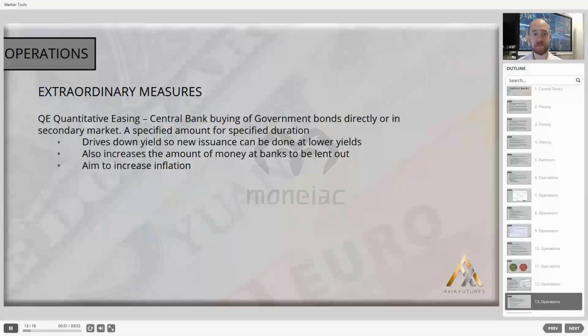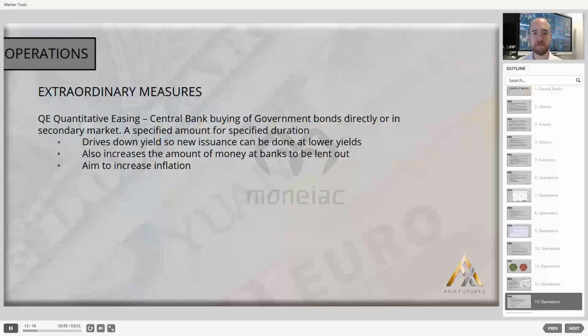And first up comes quantitative easing. This came about in 2008-9 as an answer to the recession/depression that came about on the back of the US mortgage crisis. So quantitative easing, basically, I'm sure many of you understand this. Central bank goes out and buys government bonds, either in the primary market or the secondary market.